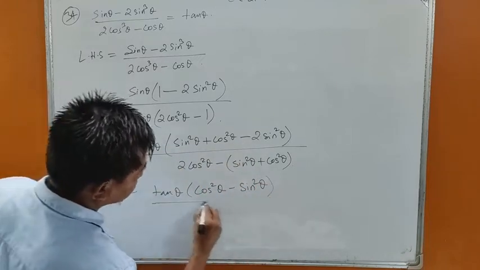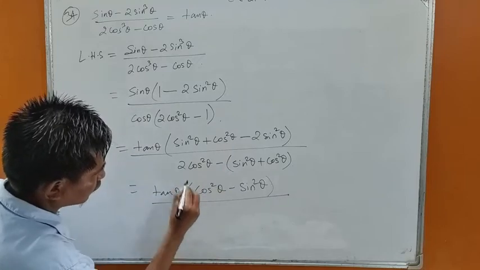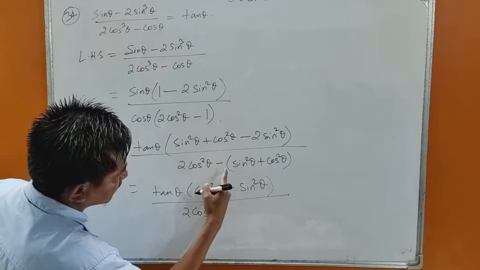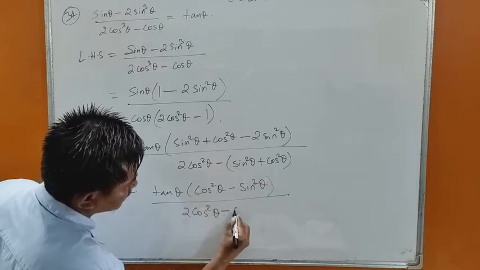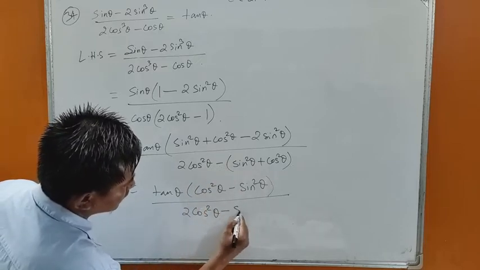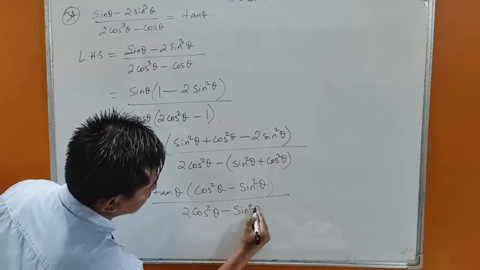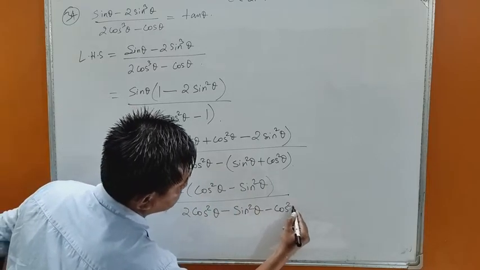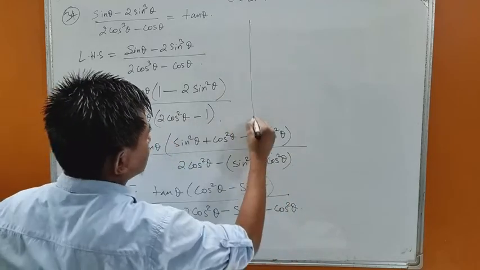And in the denominator we have 2 cos square theta minus cos square theta. So let's multiply this, minus into plus, minus sin square theta, minus into plus, minus cos square theta, isn't it? So let me continue here, okay?